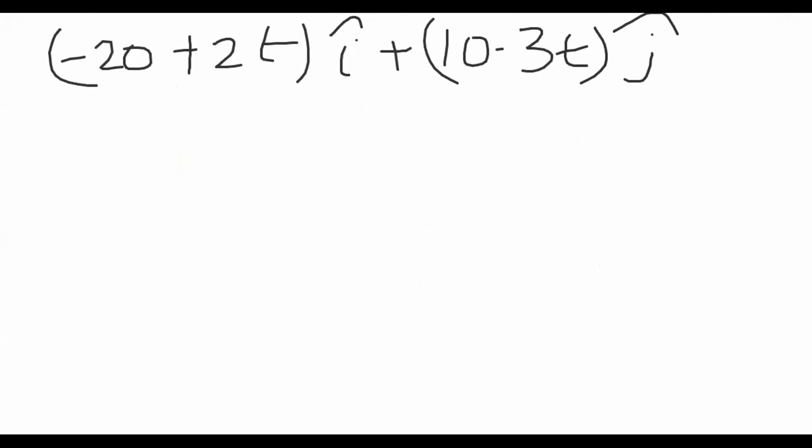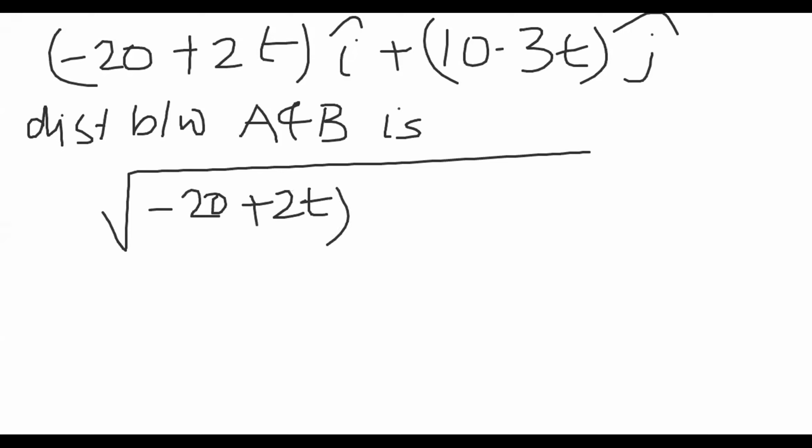So the distance between A and B is under root of (-20 plus 2t) whole square plus (10 minus 3t) whole square.